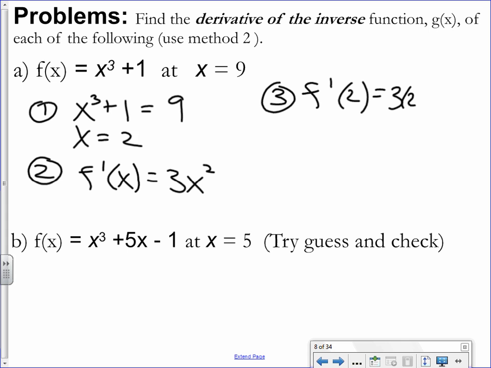So 3 times 2 squared equals 12. Good. So if the slope of our original function at 2 is 12, what is the slope of the inverse at 9, where they asked us? 1/12.